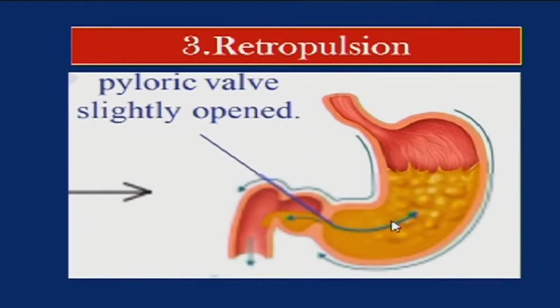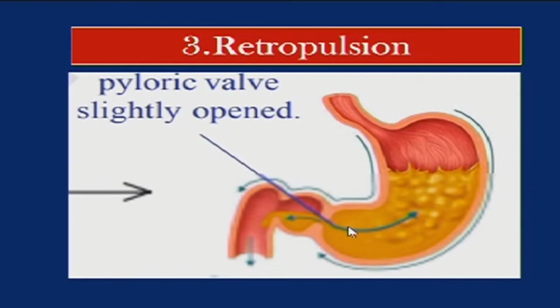During the process of retropulsion, after the complete digestion in the stomach, what happens to this pyloric valve? It is relaxed. As it receives signals from the brain, it relaxes a bit. During this time, the contents present in the stomach become a soft slurry mass or porridge-like material called chyme. This relaxation of the pyloric valve allows the chyme in minute quantities into the first part of the small intestine, which is called the duodenum.